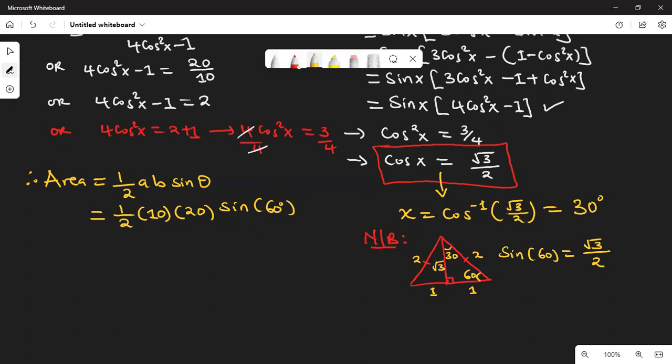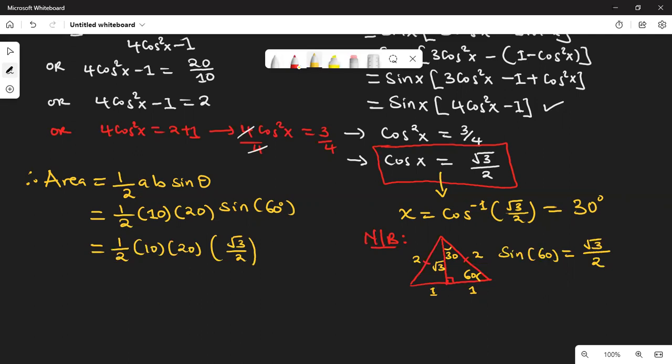So that if I go back to my area, it is 1 over 2 times 10 times 20 times root 3 over 2.